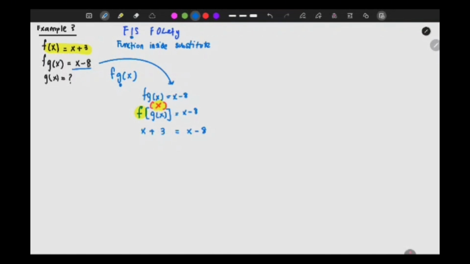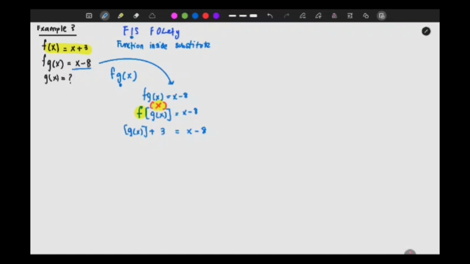Is this. You have to replace your x with g(x). This is what I mean by substitute. You have to substitute your x with the g(x). It's something similar to how you find fg(x), right? The same step, but your x here, you replace with g(x).